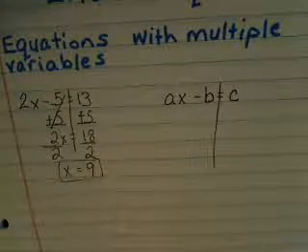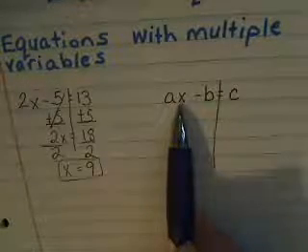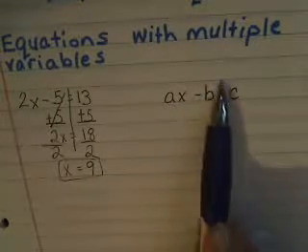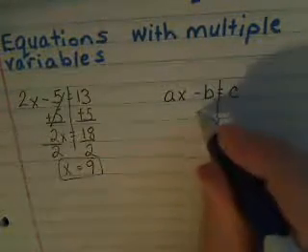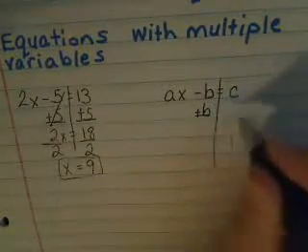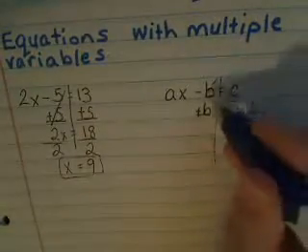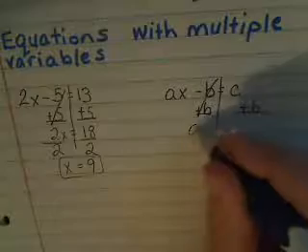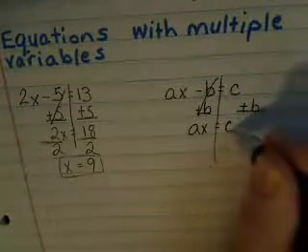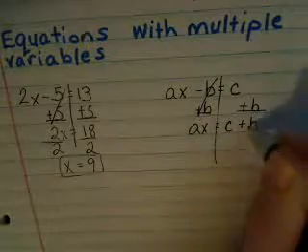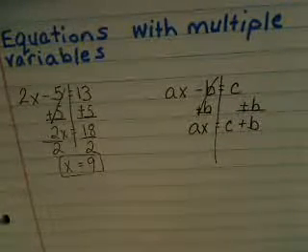So we still want to solve for x here. I need to move this subtracting b, so I'm going to add b here, and add b over here. Those cancel, and I have ax left on that side. And over here, I have c plus b. I can't actually add those because they're not like terms.